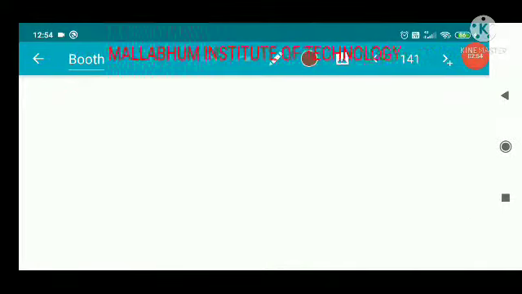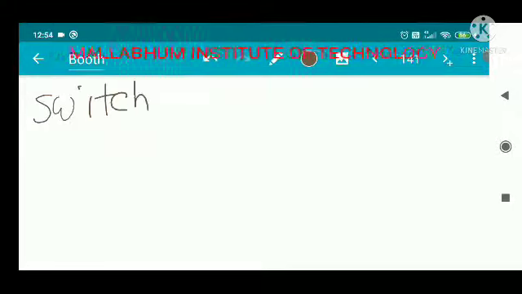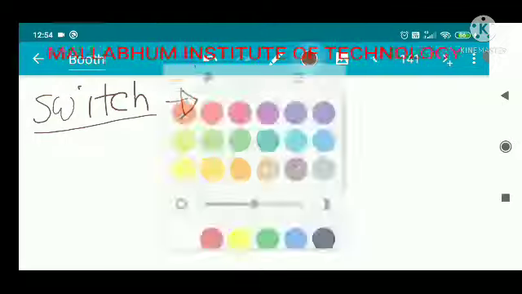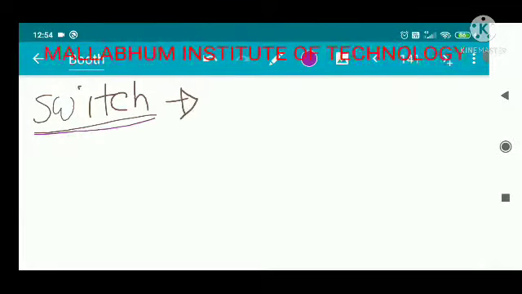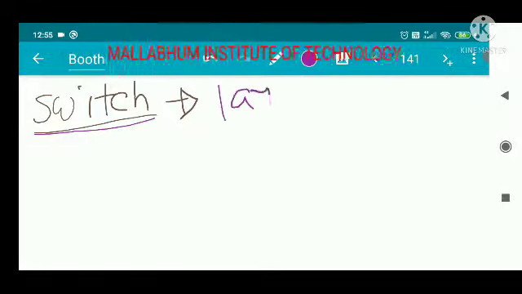The next networking device is your switch. Now switch, all of you have heard the name switch. Switch is a layer 2 device.